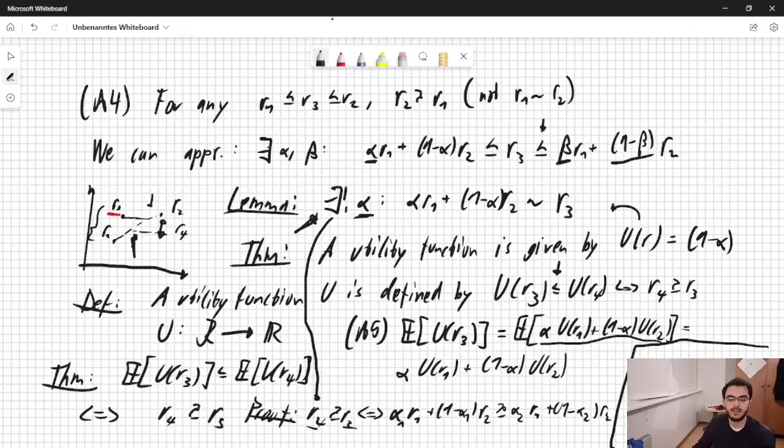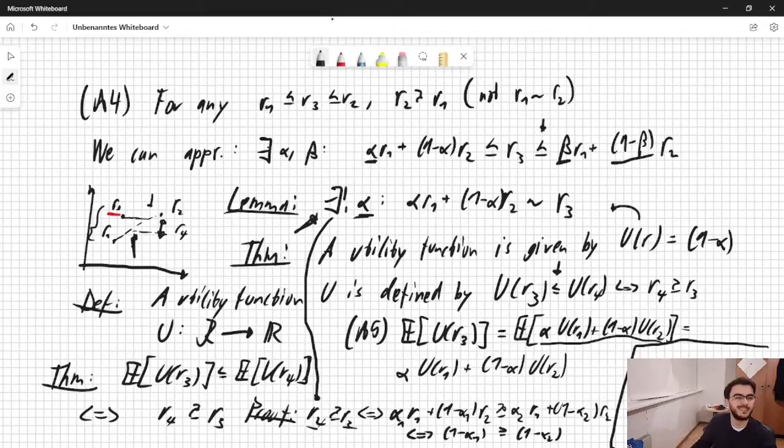But then we're done, because this is the case if and only if this variable here, which indicates the higher value, R2, is larger or equal to the other variable. And this is just the utility. So that's how we climb the steps. This is the utility, and then we can take the expectation of the utility, and then we're done. This gives a reason for why utility functions are useful.